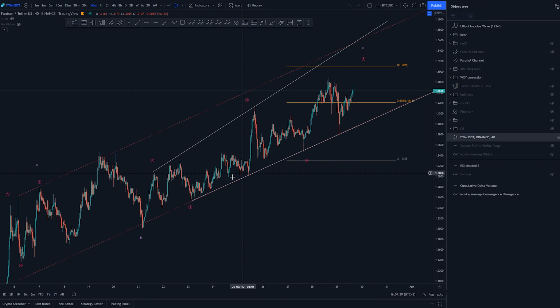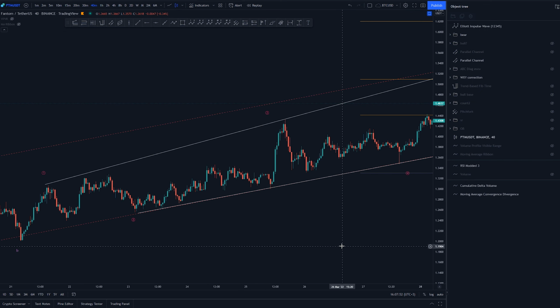Now, this looks like some kind of triangle, but I tried a couple options here. So A, B, C, D, E onto this one. Let's zoom in a bit. This one.